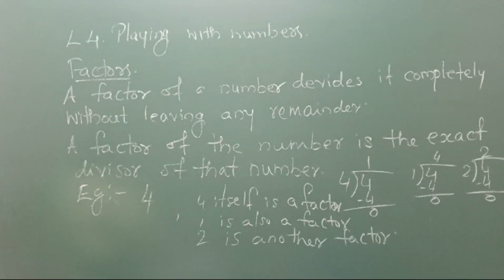We can divide exactly without leaving any remainder. So we have taken number 4. 4 itself is one factor, 1 is another factor, 2 is the other factor. 2 twos are 4, 4 ones are 4, 1 fours are 4. So these are the factors of the number.